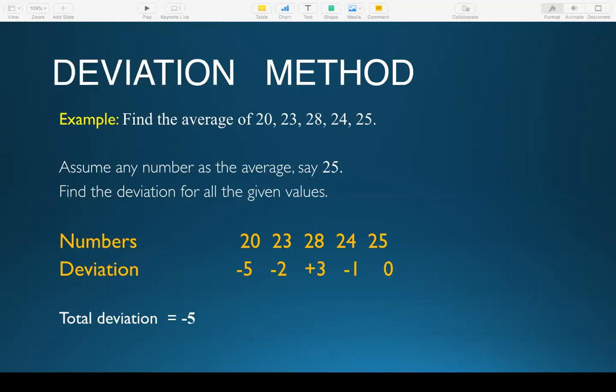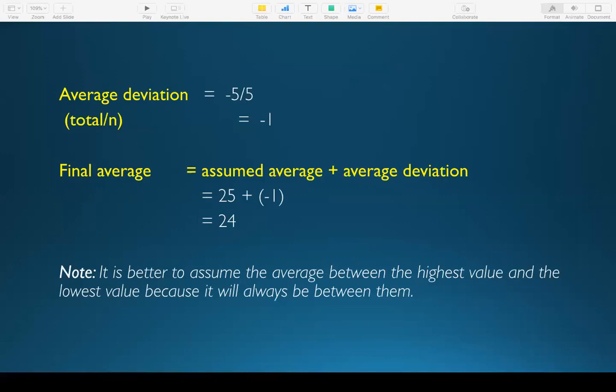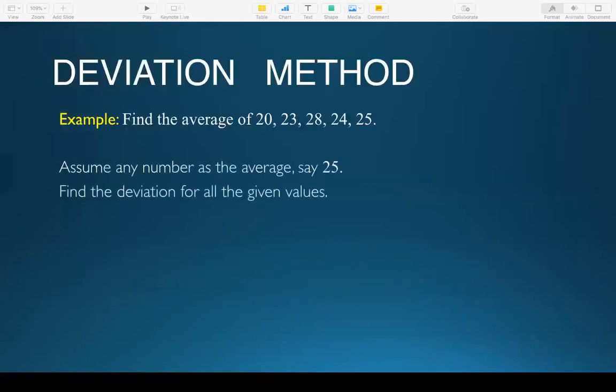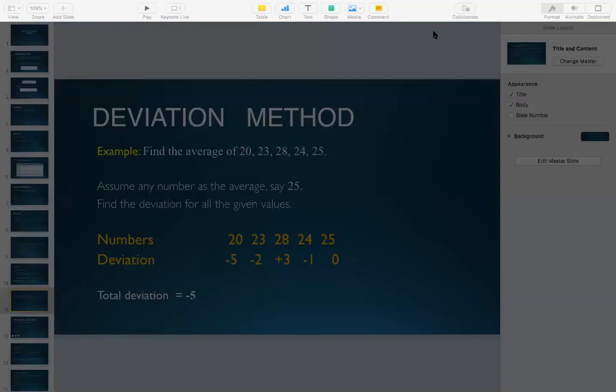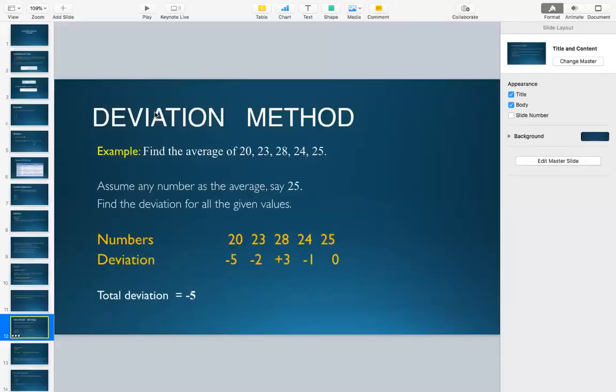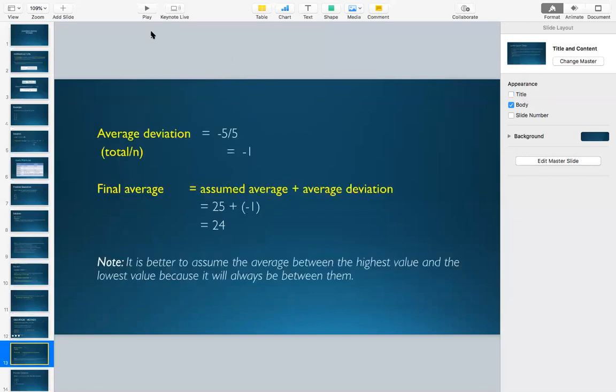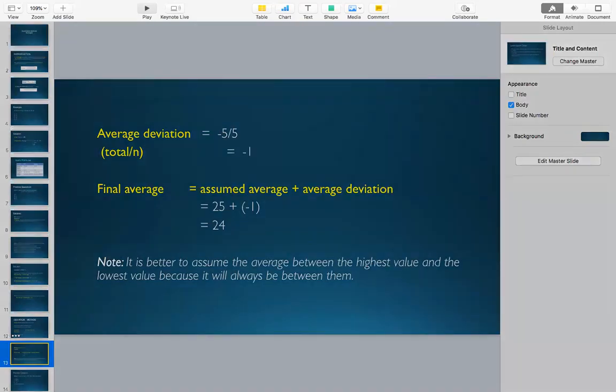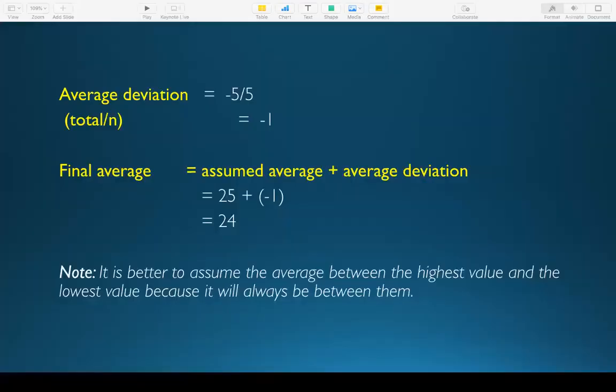Now after you calculate the sum of deviations, you need to calculate the average of the deviations. The average of the deviations will be the total sum of deviations divided by the number of terms.